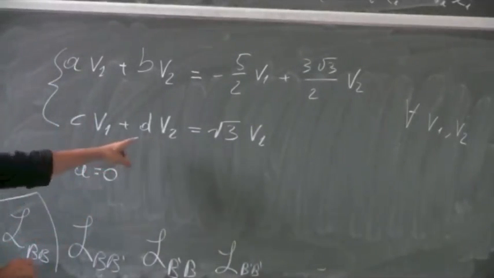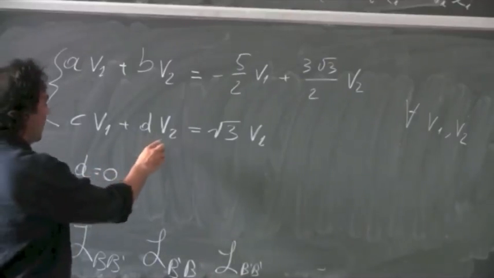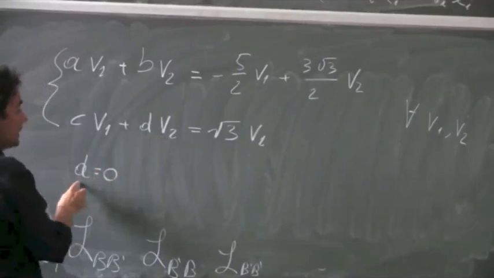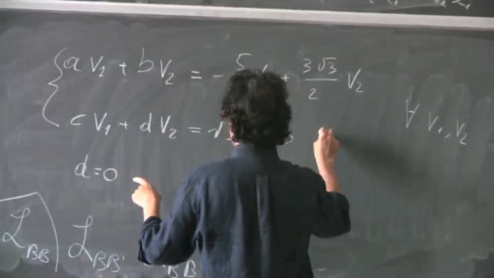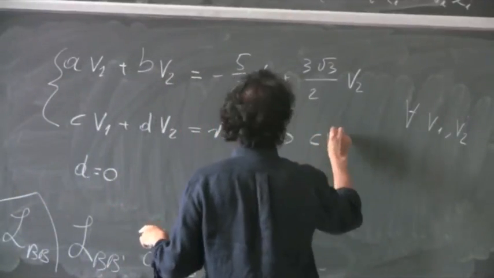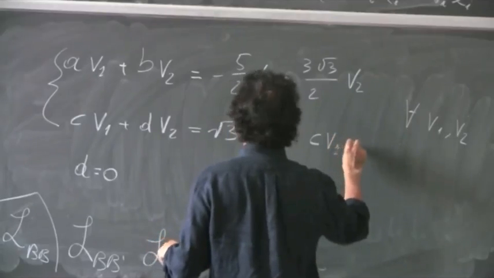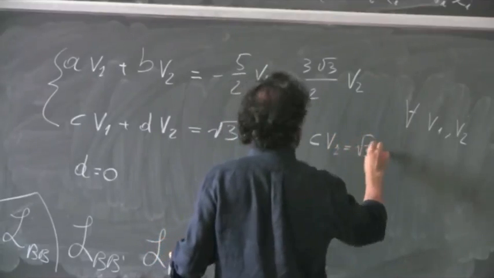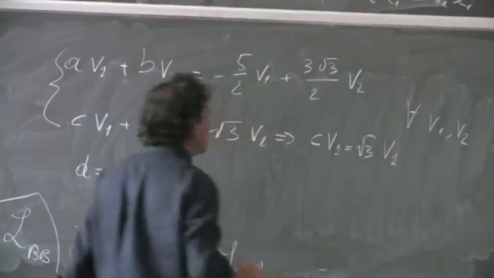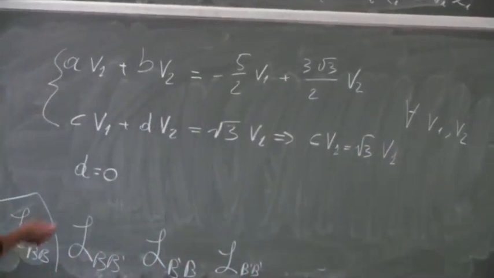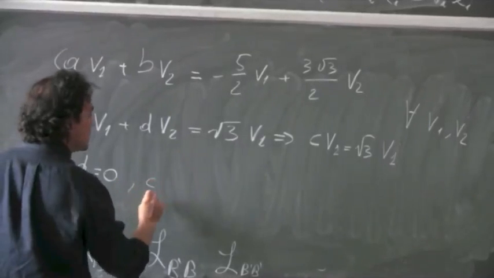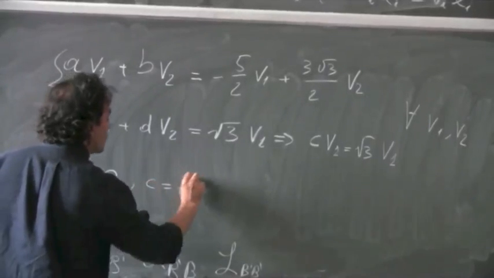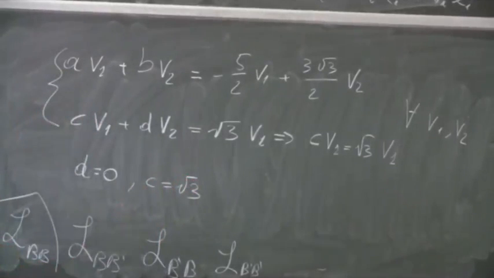That means that D is equal to 0. But if D is equal to 0, this means C V1 equal to square root of 3 V1. For example, if V1 is different from 0, you have also that C is equal to square root of 3.